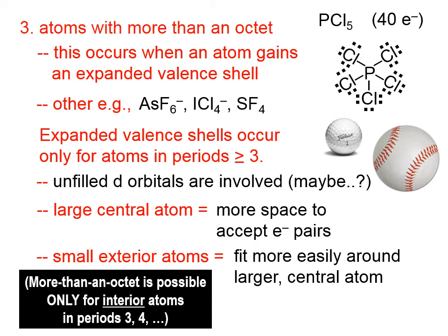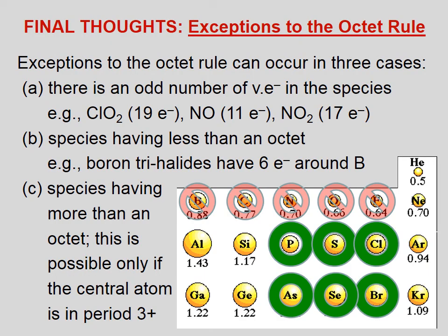because the central atom is simply too small. Final thoughts on exceptions to the octet rule. Exceptions to the octet rule can occur in 3 cases. A. There's an odd number of valence electrons in the species, and there are a few examples. B. Species having less than an octet, for example boron trihalides, which only have 6 electrons around the boron.